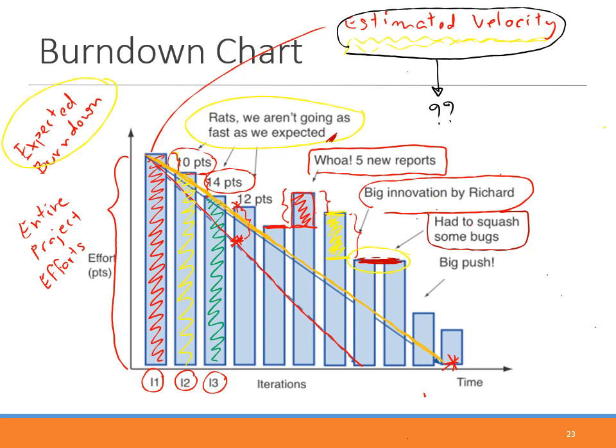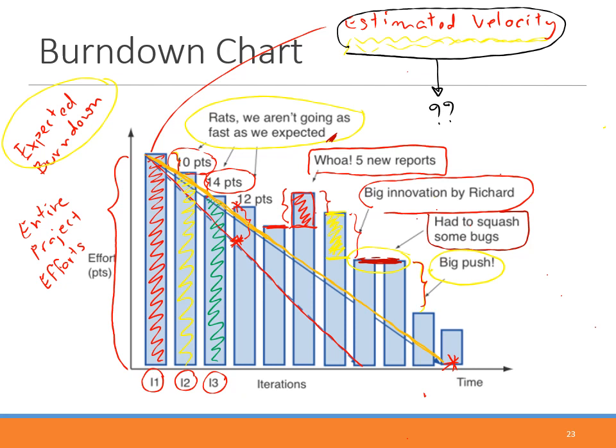Since the project has to be delivered soon, with the deadline approaching, there could be a big push here, so you can do a lot of work in one iteration. So this is a burn down chart of the expectation against the reality.